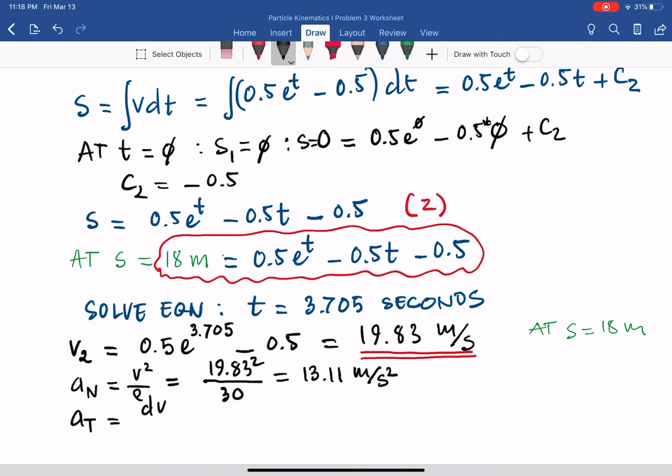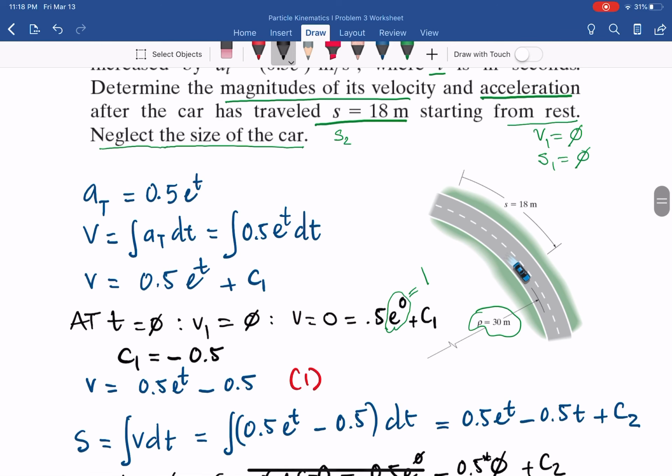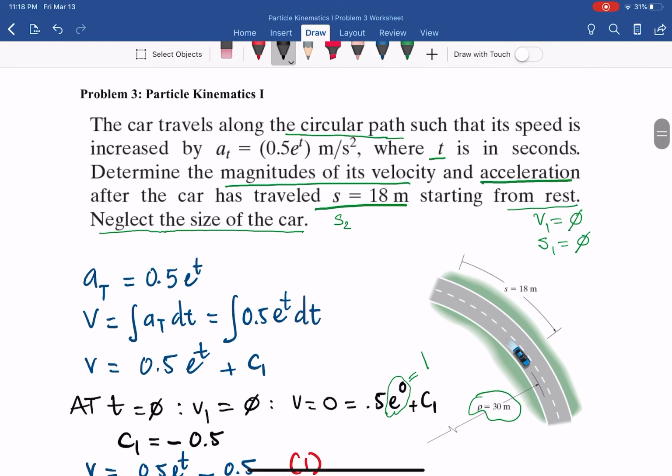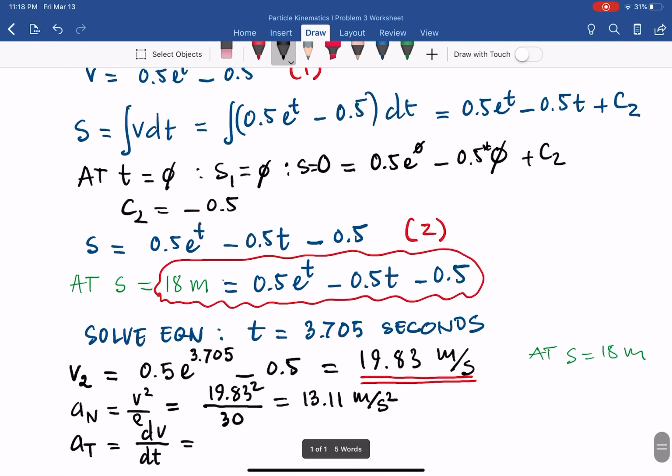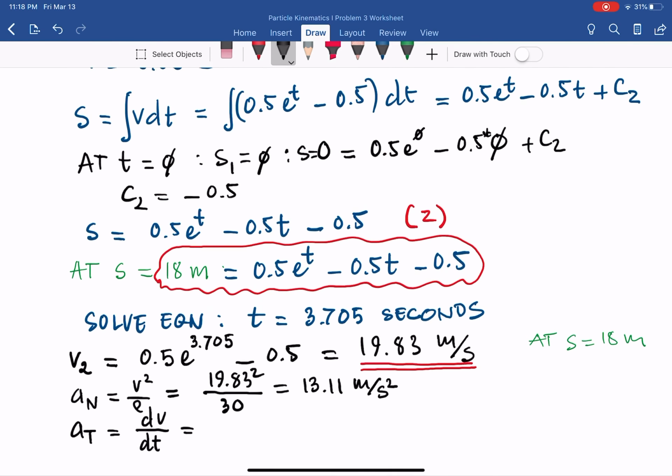And then we have at equal to dv over dt. That is already given up here. The problem already gives us at equal to 0.05 e^t. So we don't need to take the derivative. We can plug in what is given.